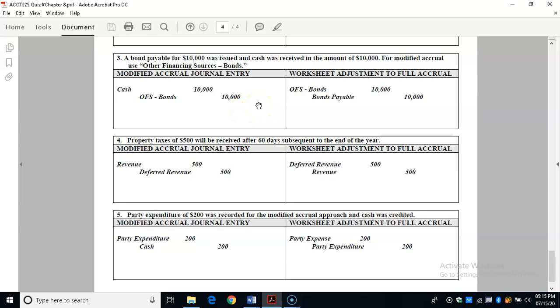This is modified accrual. So how would you convert from modified accrual to full accrual? Well, full accrual doesn't have an account called other financing source. So to get rid of it, you would debit other financing source, $10,000, and you'd credit bond payable, $10,000. So you get rid of the other financing source and you put the bond payable back on the books.